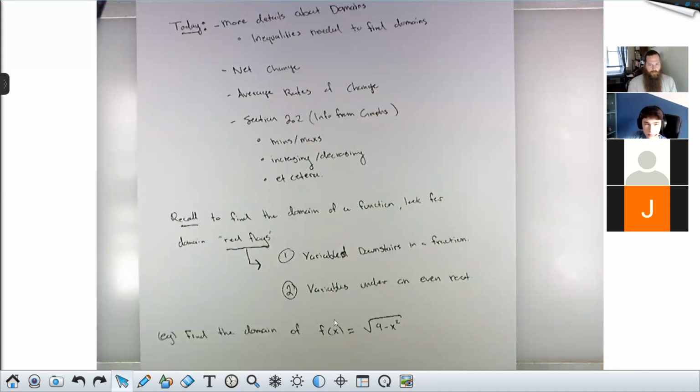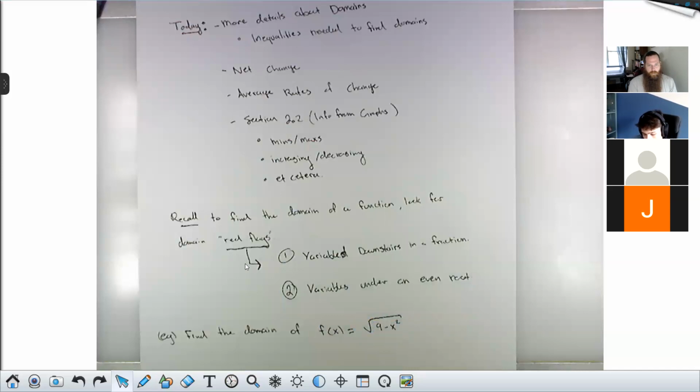So we look at the function, we ask, are there any red flags? Are there any variables downstairs in a fraction? No, there's no fractions here. Are there any variables underneath an even root? Yes, there are, right? The square root is an even root. So we've got the variable quantity 9 minus x squared underneath that even root.